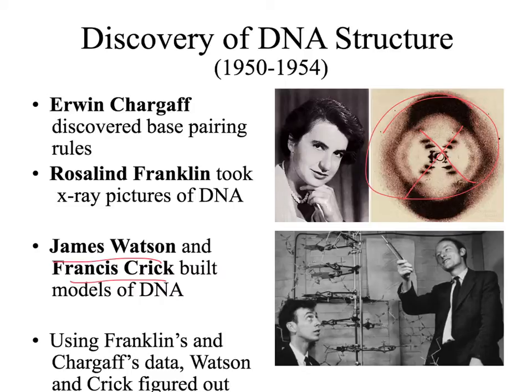But they kept going, and they came up with the 2-stranded molecule that we now know. So with the help of Franklin's X-rays and Chargaff's data with the A equals T and G equals C, they were able to win a Nobel Prize for discovering the structure of DNA.